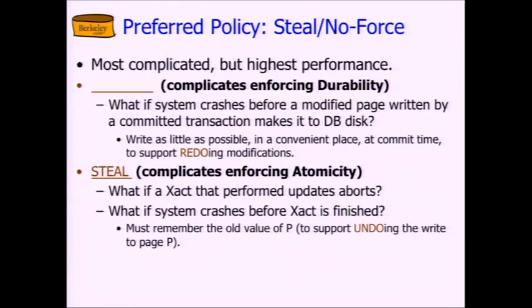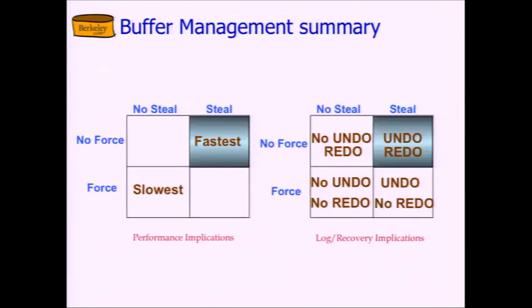Super. Okay, so this is the design space. If you look at force versus no force, steal versus no steal, the fastest place to be is in the upper right. We're steal, no force. That's what we want to do. And if you think about the logging and recovery implications, the lower left was the easy thing, force and no steal. If you force things before the transaction commits, then you have no redo.